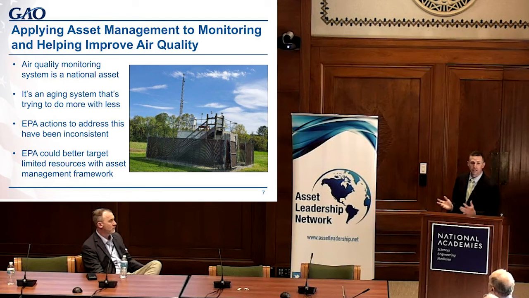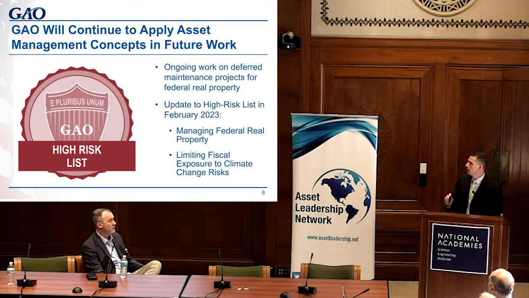And it's a nationwide system. It really matters for it to be done in a strategic, coherent way. And so we directly recommended they needed to develop an asset management framework for the air quality monitoring system. They agreed to do so. They are still making progress on that. We haven't closed the recommendation, so it's not a fait accompli, but they are making efforts in that direction.